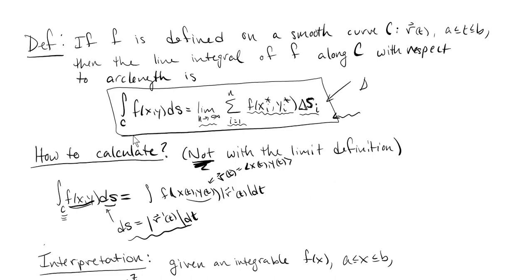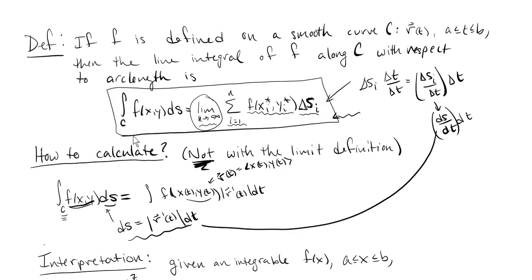Maybe you multiply delta Si and divide it by delta t. You have change in s over change in t times change in t. As we take this limit as everything gets very small, this becomes the derivative of arc length with respect to t times dt. From here, we can see that's magnitude r prime of t dt.